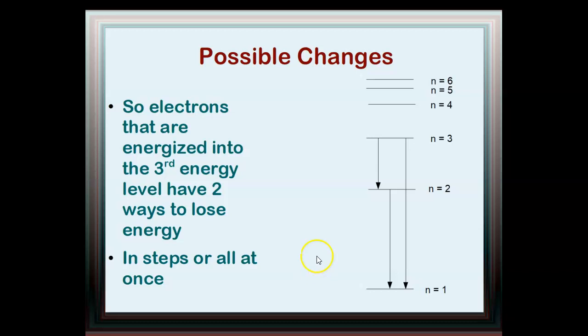You might want to take some time to diagram the possible changes from 4 down to 1 and from 5 down to 1. If it's hydrogen, it's always going to go back to its ground state of n equals 1.